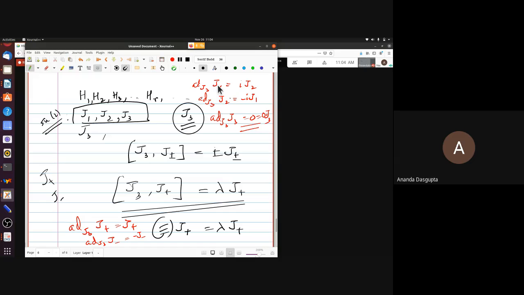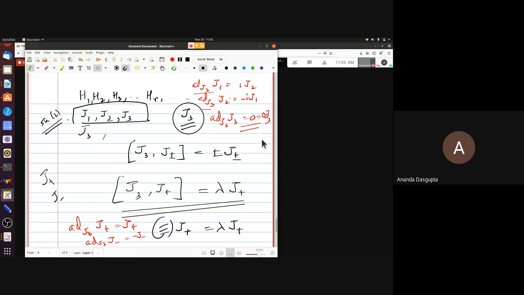That is, you have two basis vectors in your space, J1, J2, which acted upon by this operator give you these results. Can you find linear combinations of J1, J2 which will give eigenvectors of ad J3? The answer is yes. And you already know what the combinations are and what the results are. What you get is ad J3 acting on J plus is plus J plus, and ad J3 acting on J minus is minus J minus. So J plus and J minus are just two eigenvectors of the operator ad J3 corresponding to these two eigenvalues, plus 1 and minus 1.